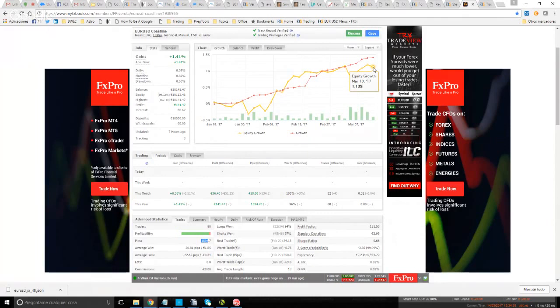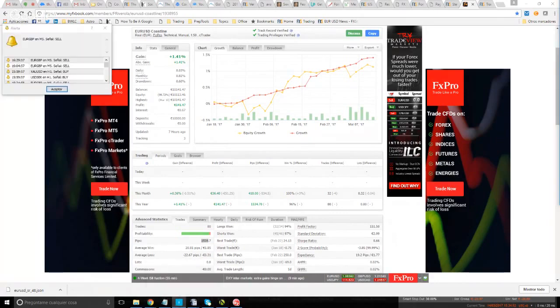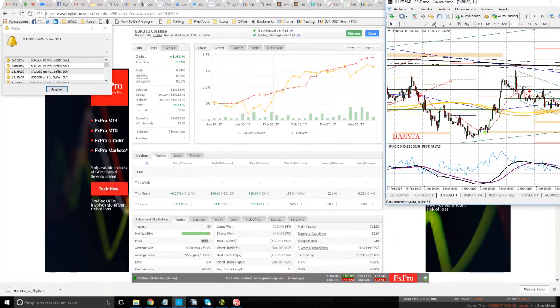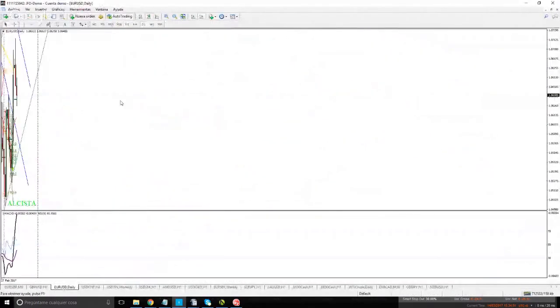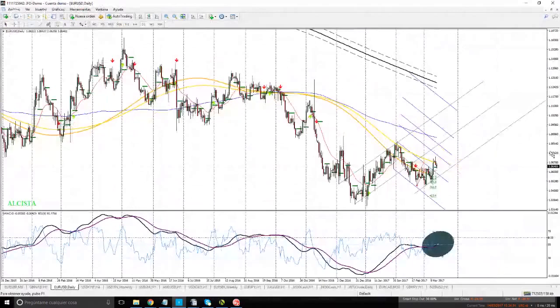And a slightly smaller component of tactic, of analytical skill. Let me put a chart of the euro dollar on the screen. Okay, I have a daily chart here.